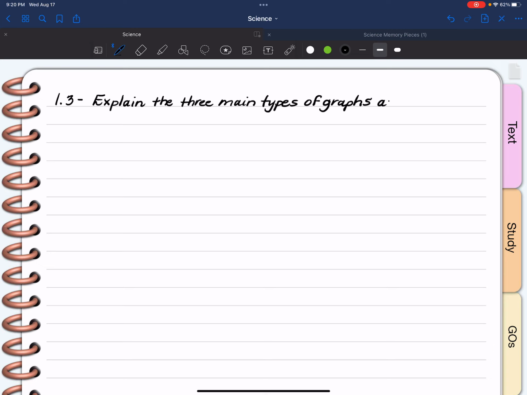And describe, or let's say and tell, when to use each of them. So this prompt has two instructions. We need to explain the three types and also tell when to use each of them.